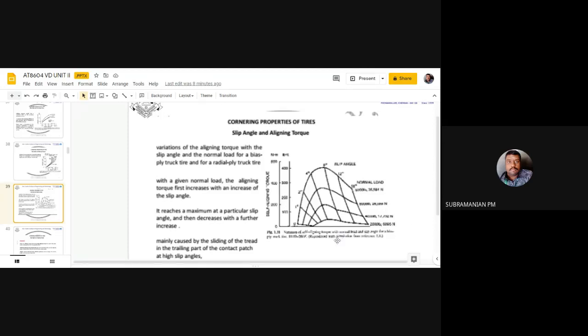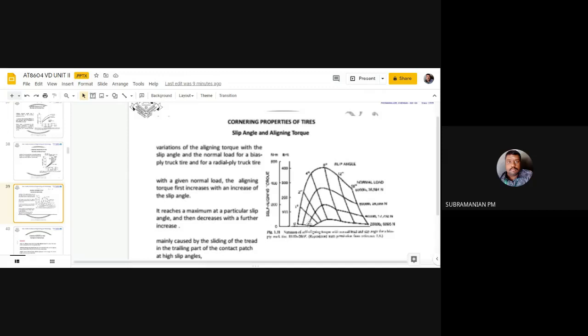The horizontal curves represent normal load, and the vertical curves represent slip angle. You can see the variation of aligning torque with slip angle and normal load, and this is for bias ply and radial ply tires also.